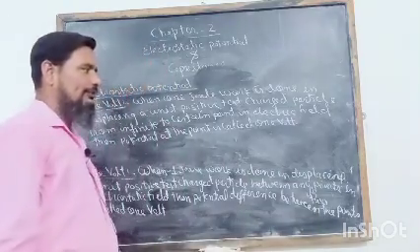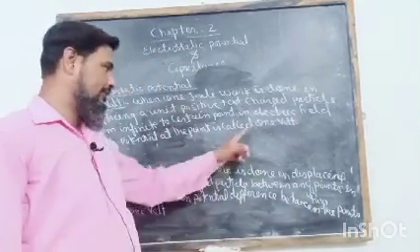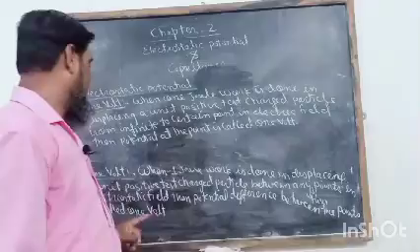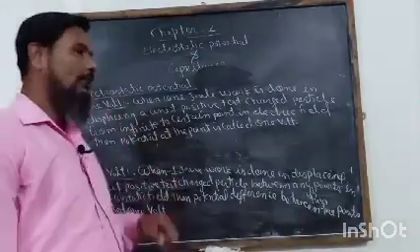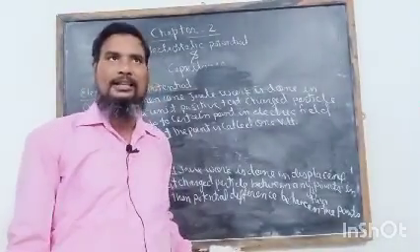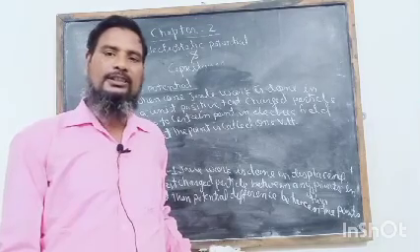So this is the definition of 1 volt. And this is all about electrostatic potential and electrostatic potential difference.